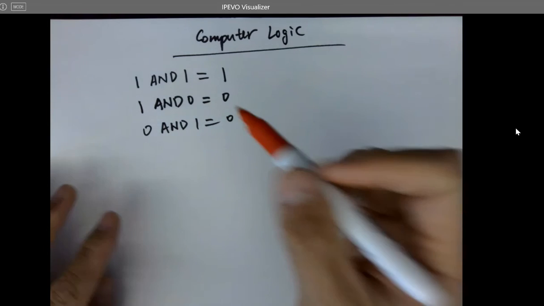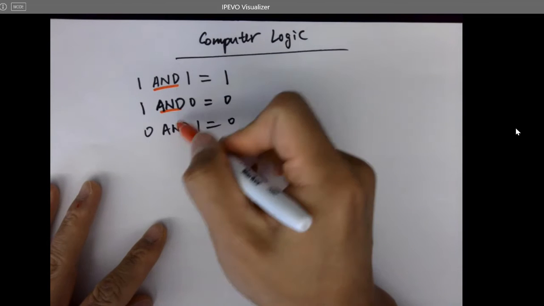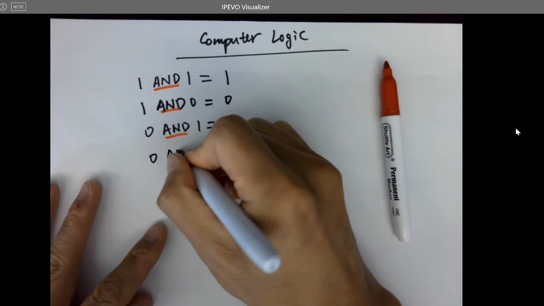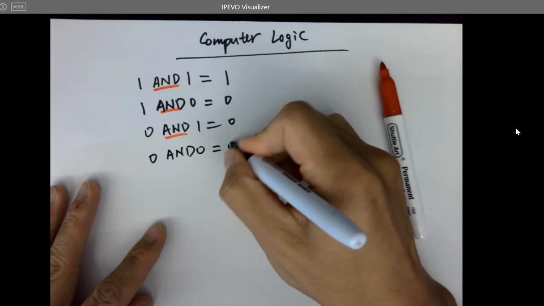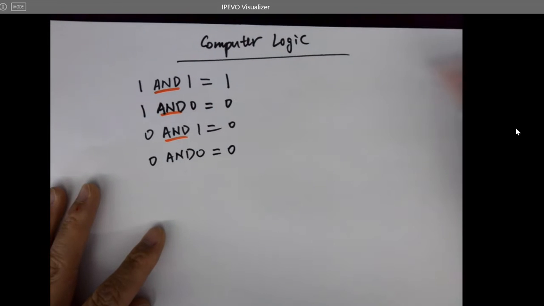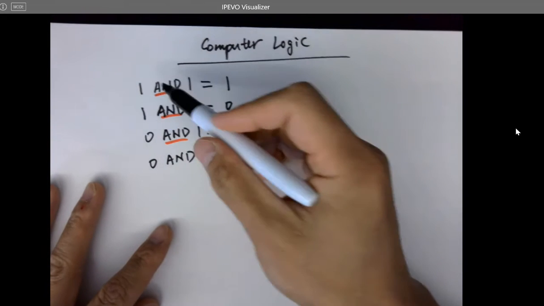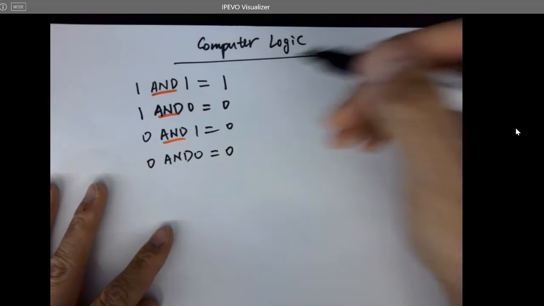All the other logic is formed by ANDs and ORs. So AND, oh, we haven't done 0. 0 and 0 is 0. So these are all the ANDs. And the computer only has 1 and 0, so we're done for this part.